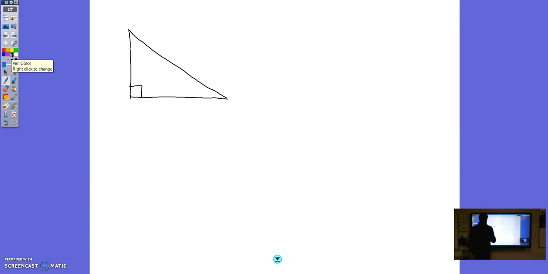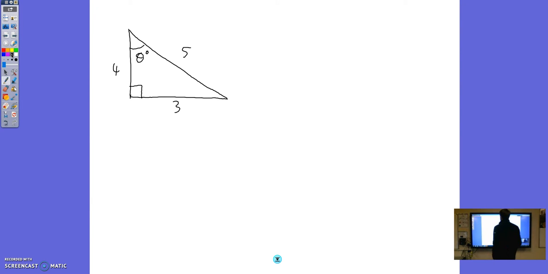Must be a right angle triangle for this to apply. We have our given angle, which is theta degrees. And we're going to have some side lengths here. So I'm going to say that's 4, that's 3, and that's 5. And we're going to look at what fractions we will get when we apply our trigonometry ratios.